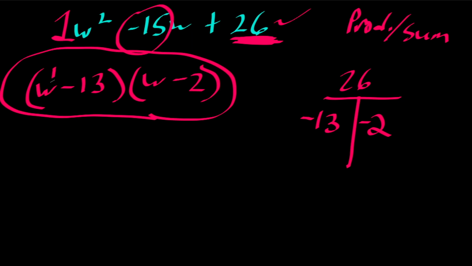Because once again, we need the w's to lead the parentheses to give me w squared. And then we need to just take our negative 13, put it in our parentheses, negative 2, put it in our parentheses. Let's look at one more, just to give you a clear picture of how this can work.